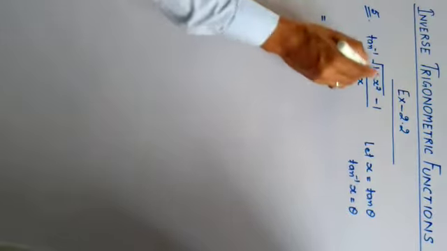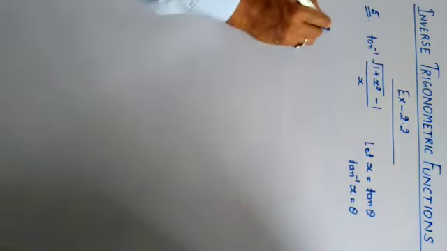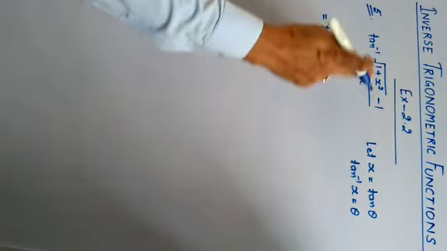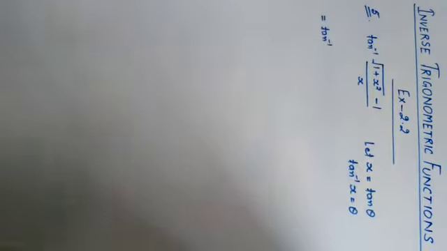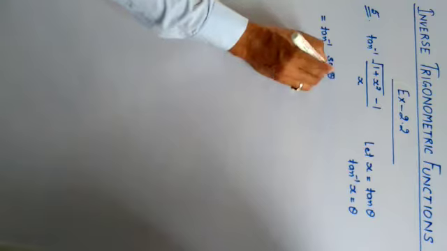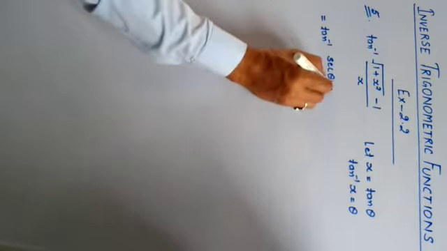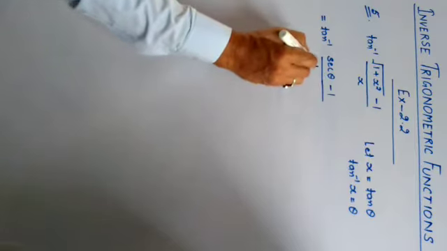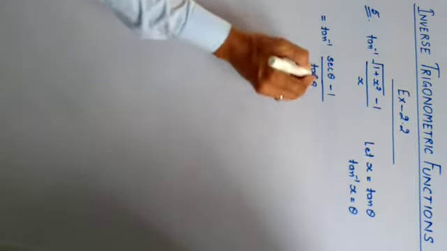If we put it here, it will be tan inverse of under root 1 plus tan square theta, and 1 plus tan square theta will be sec square theta, and square root of sec square theta is sec theta, minus 1 upon tan theta.